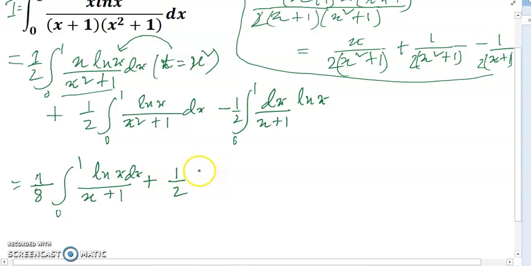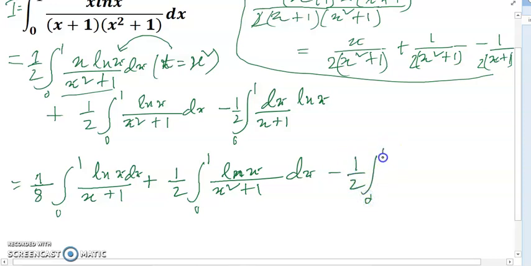Plus half into 0 to 1 ln x divided by x square plus 1 dx, and minus half into 0 to 1 ln x divided by x plus 1.